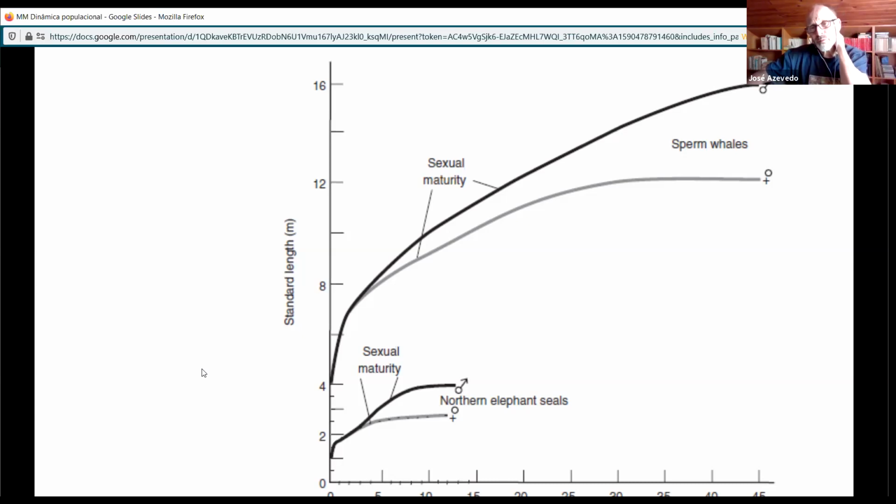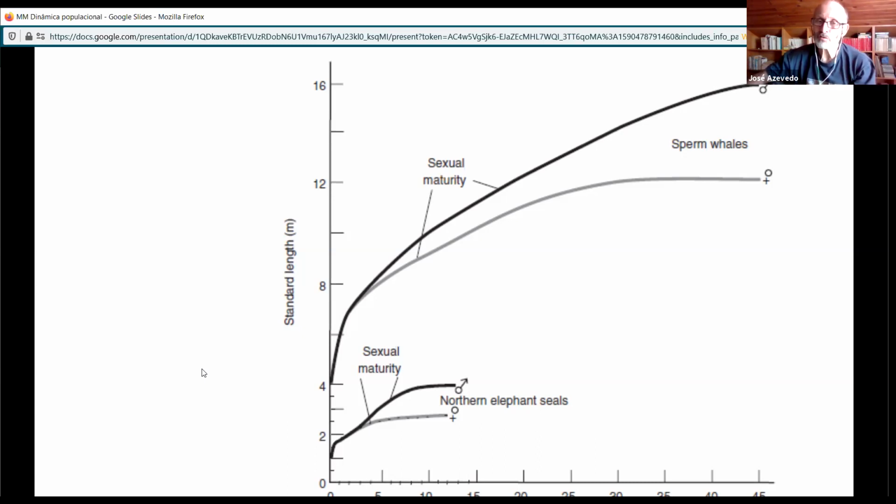The final element that we can take from this graph is delayed sexual maturity, right? You see there, and this is a tricky question for you, Mark, that female sperm whales and female elephant seals mature before the males, right?